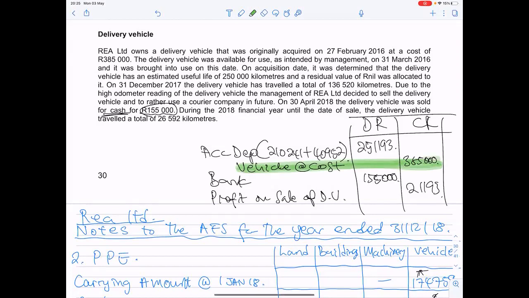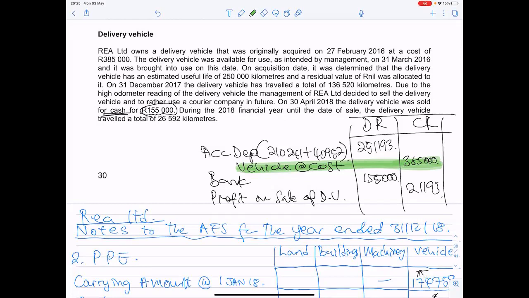Now, when we open our asset register, the asset register will be showing the vehicle at cost. So this one is showing our historical amount without any depreciation. Then we also have another account which is called accumulated depreciation.